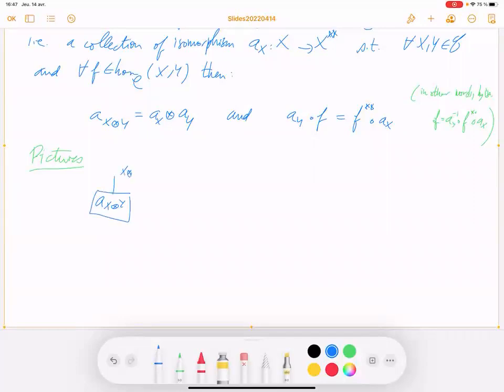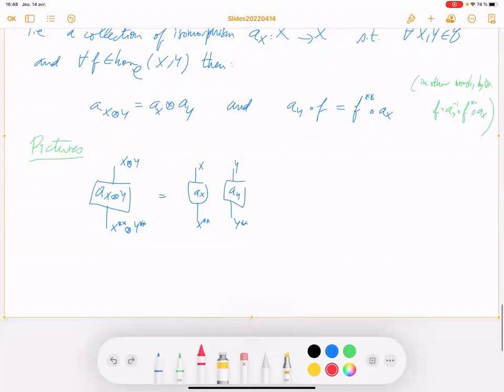You have X tensor Y, X double star tensor Y double star. Pictorially it is like that: X double star, Y double star, Y. These two pictures are equal, and this corresponds to this equality. Now, what about the other equality? In fact, we will use it.